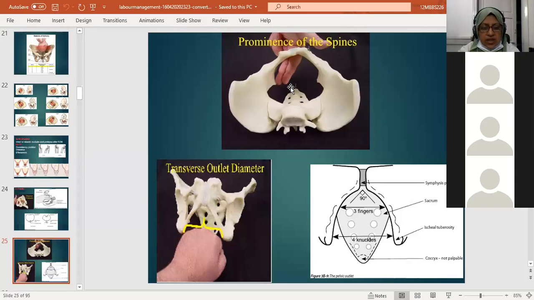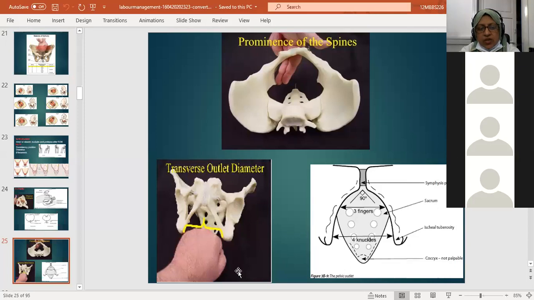Then we assess the pelvic outlet by the knuckles. If the four knuckles fit in between the two ischial tuberosities, then we call the outlet adequate. And the subpubic angle should be wide, like 90 degrees or more than this.